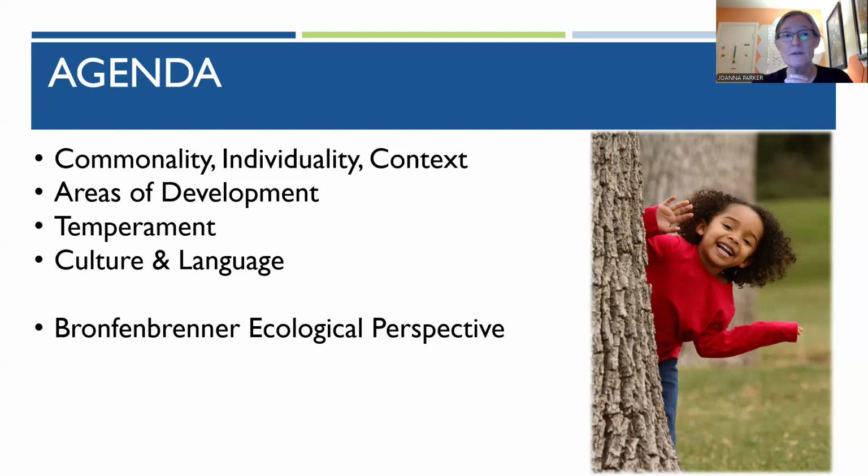But again, as we're thinking about how we're supporting the whole child and how we meet that child where they are, we don't just think about their development and what it is they know and are able to do, but we also have to think about their temperament and how they approach learning, and their style and preferences, right? And then the third piece that we want to be thinking about is culture and language, which gets at context, and thinking about what is the social and cultural context of the child.